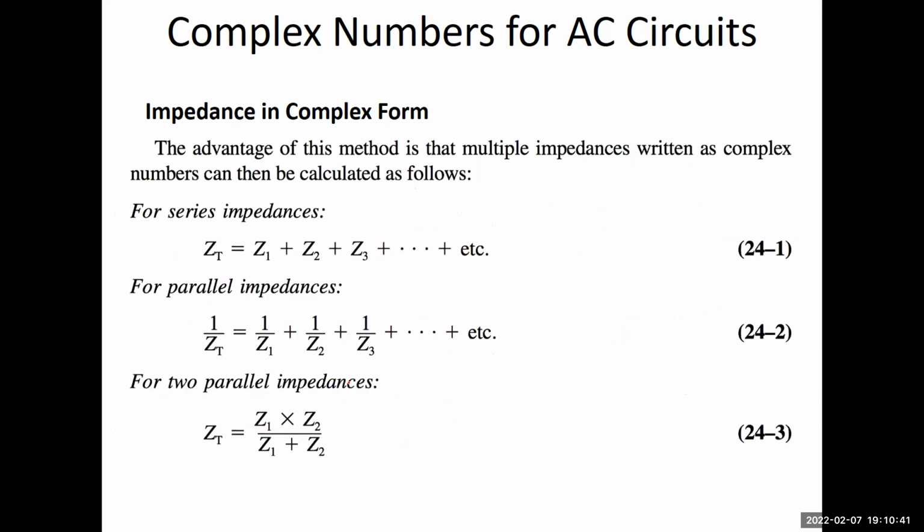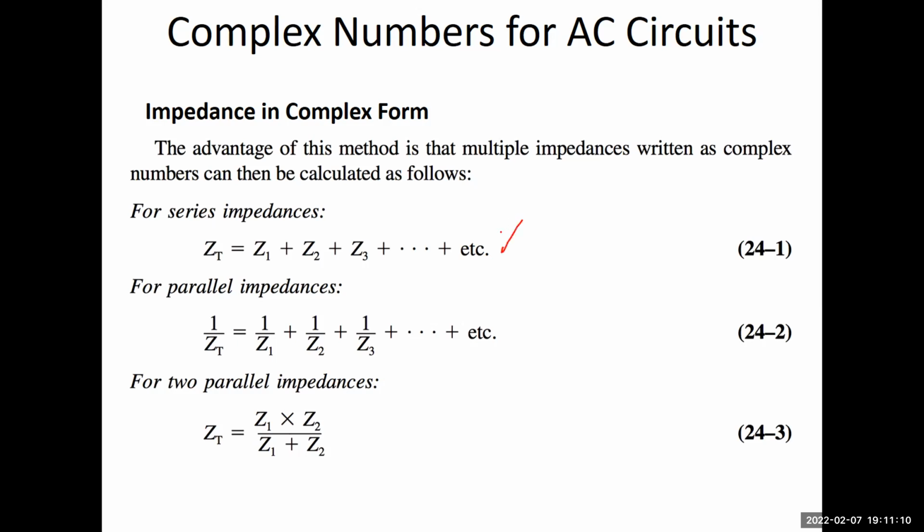So this is the total impedance formula for the series impedances. It is similar to Ohm's law, wherein the resistances connected in series are only added. So we have the total impedance Z sub T is equal to Z sub 1, or impedance 1, plus Z sub 2 plus Z sub 3 and so on.